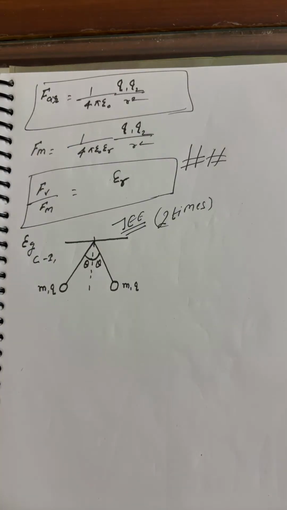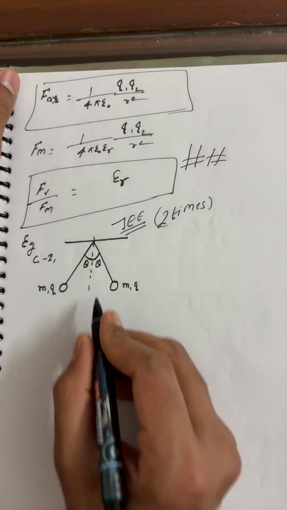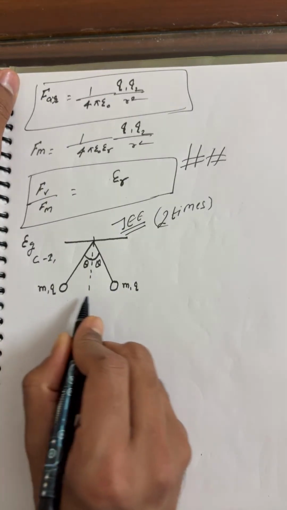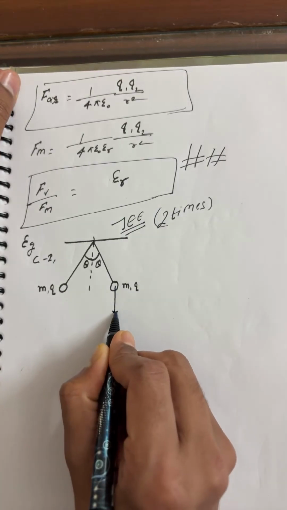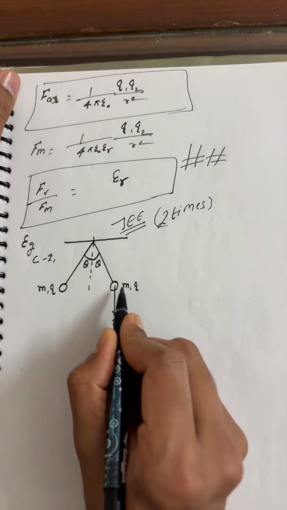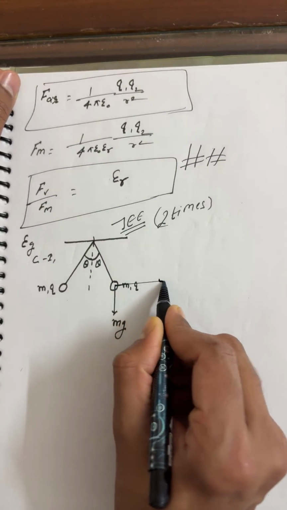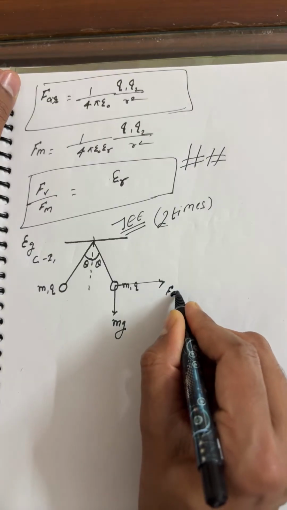If the system is initially in equilibrium, let's make the diagram. These are like charges, so they repel each other. This is the mg force. This is Fe, the force due to electrostatics.